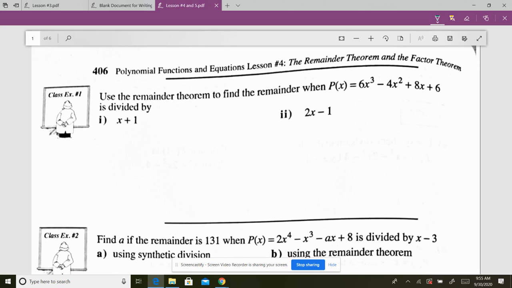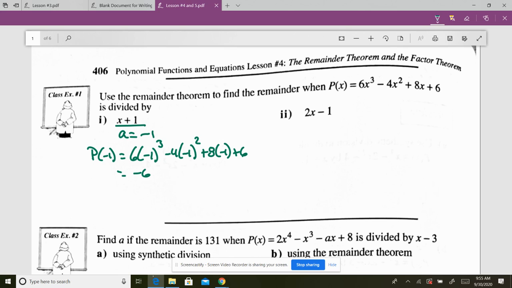So use the remainder theorem to find the remainder when, here's our polynomial, is divided by x plus 1. So what is my a value for x plus 1? Negative 1 is what makes it 0. If I put that into the polynomial, always bracket when you sub it in because the signs are important.